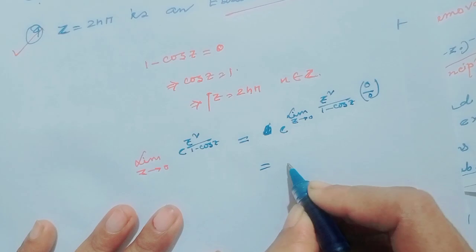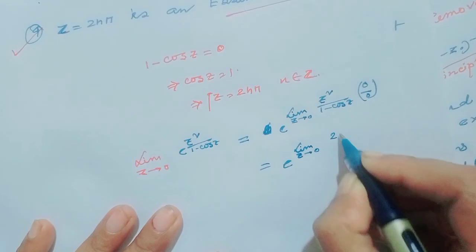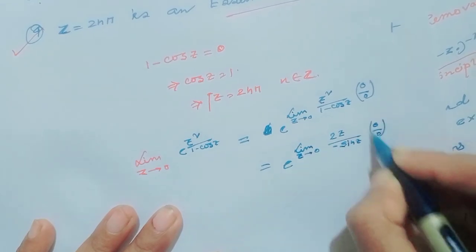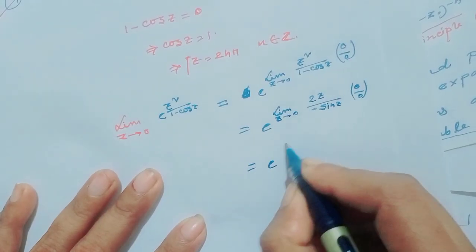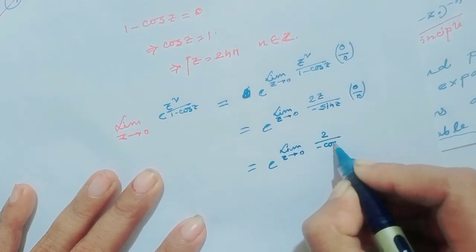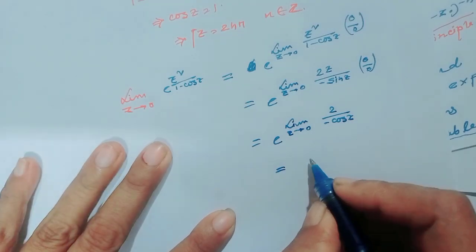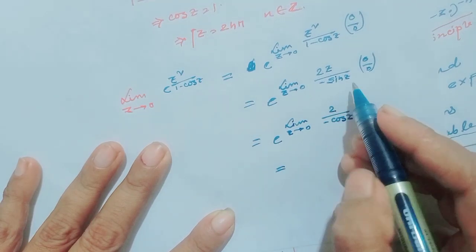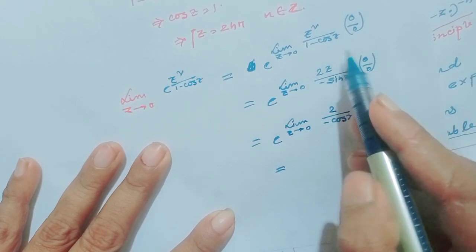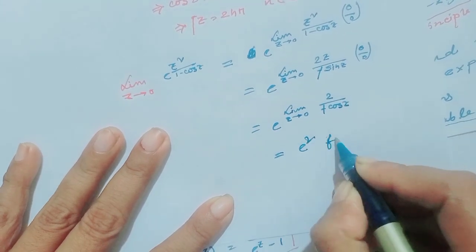So this value is equal to e to the power limit z tends to 0 of 2z over sin z, and this is also 0 by 0 form. This is equal to e to the power limit z tends to 0 of 2 over cos z, and this value is e square. This is a finite term.